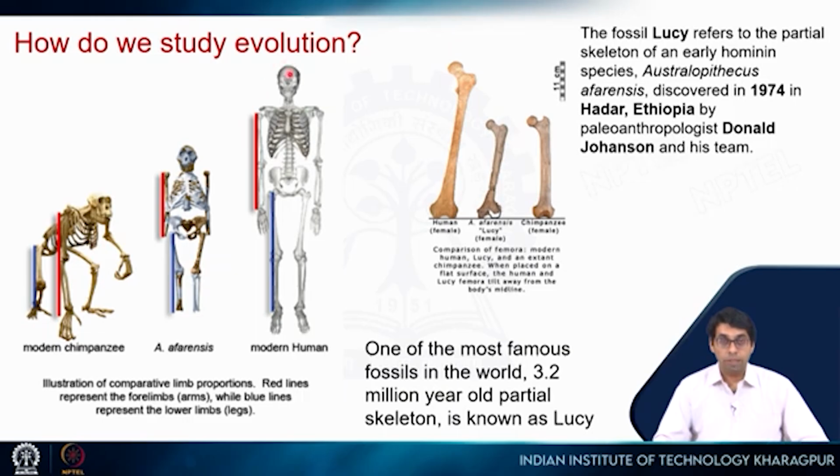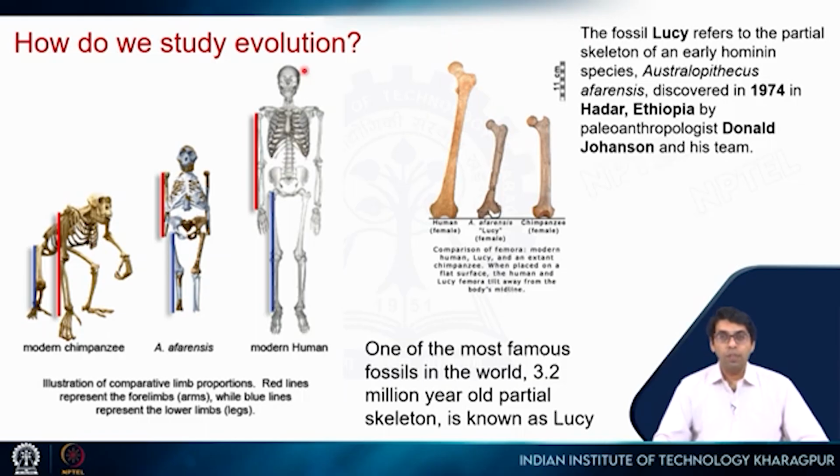It was not as large as the modern human brain, but similar to the modern chimpanzee. So you can conclude that walking upright evolved earlier than the increase in brain size. This is how we can draw all these different conclusions.